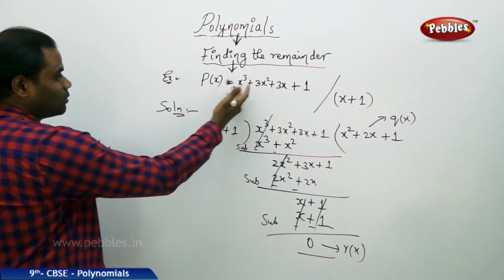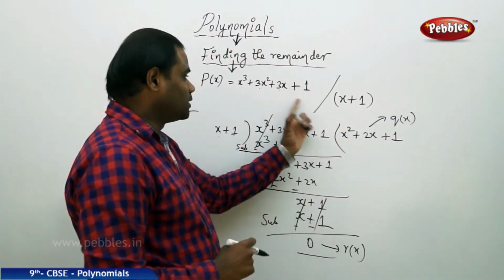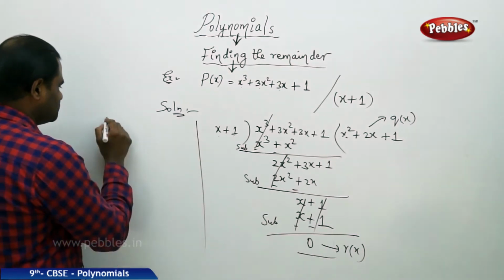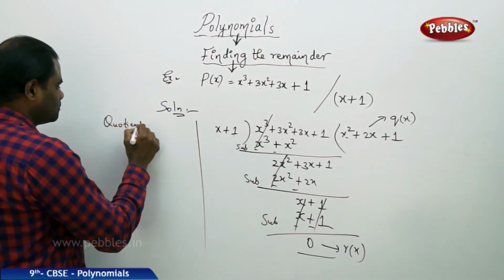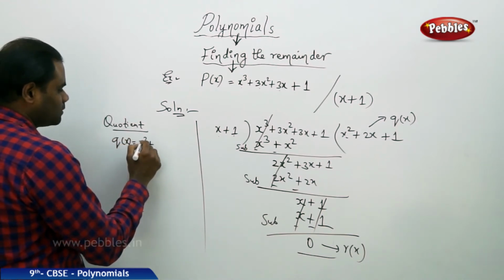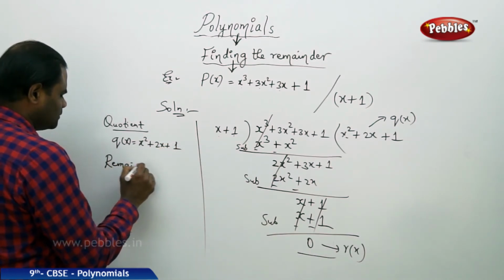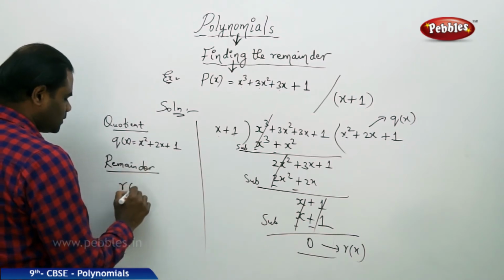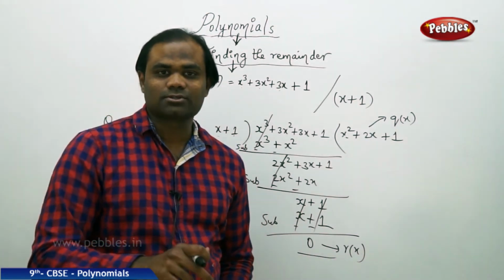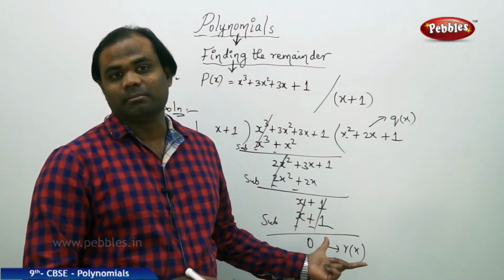Therefore, for the given polynomial p of x equals x cubed plus 3x squared plus 3x plus 1, when divided with the other polynomial x plus 1, I get my quotient q of x as x squared plus 2x plus 1, and I get my remainder r of x as 0. This is how we understand the process of finding the remainder or the quotient using the long division method.